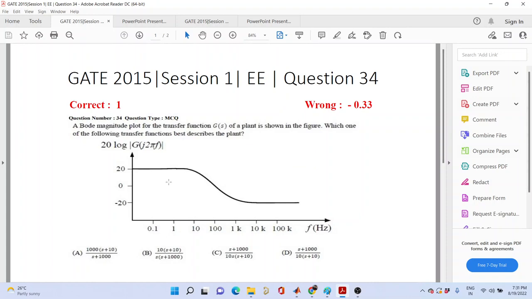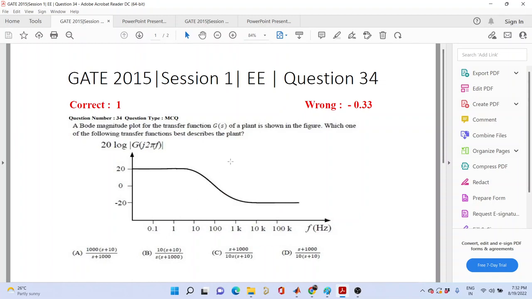Yes sir, it is moving from 20 to 0 when the frequency changes from 10 to 100. 10 to 100 is 1 decade. When the frequency changes by 10 times, that is 1 decade. So that is why we say 20 dB per decade. The magnitude has fallen by 20 dB in 1 decade. You understand what I'm saying?